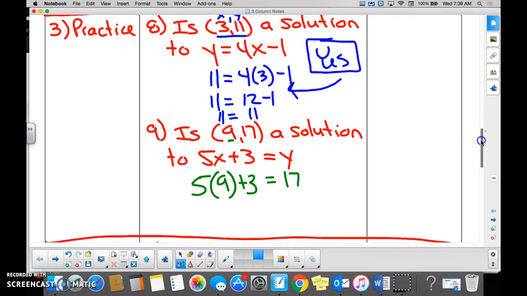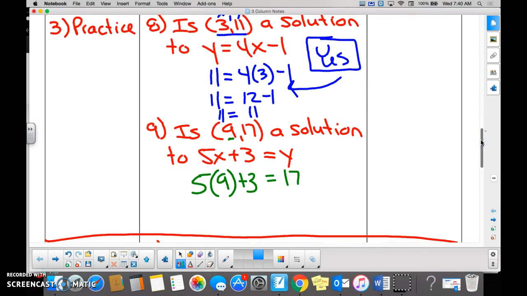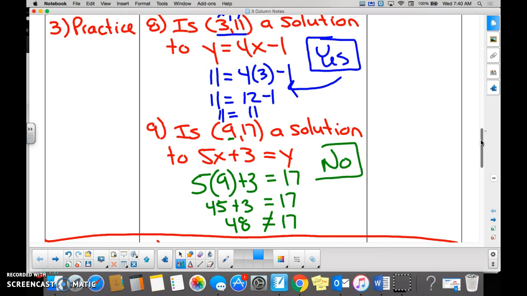That's what we're trying to figure out. 5 times 9 is 45, plus 3 is equal to 17. You know the answer already, I hope. Is 45 plus 3 equal to 17? 45 is not equal to 17, and therefore 9 and 17 is not a solution, because I have to answer the question. 9 and 17 is not a solution to 5x plus 3 equals y.